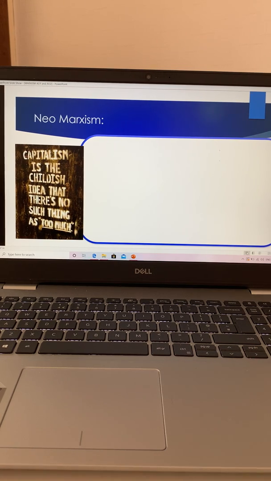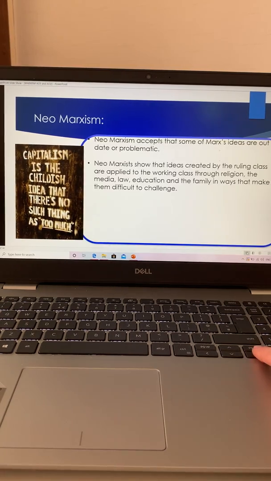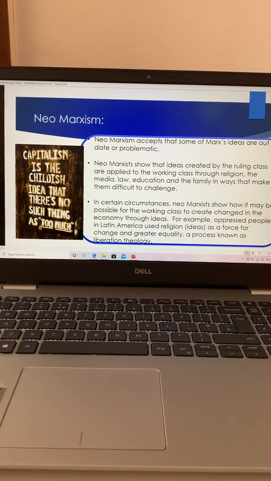So neo-Marxism then is an advancement to that. Traditional Marxism is Marx and some of our traditional sociologists here, but our neo-Marx try and take it a bit further. So they are understanding that they're outdated, they're problematic, they're not necessarily relevant.